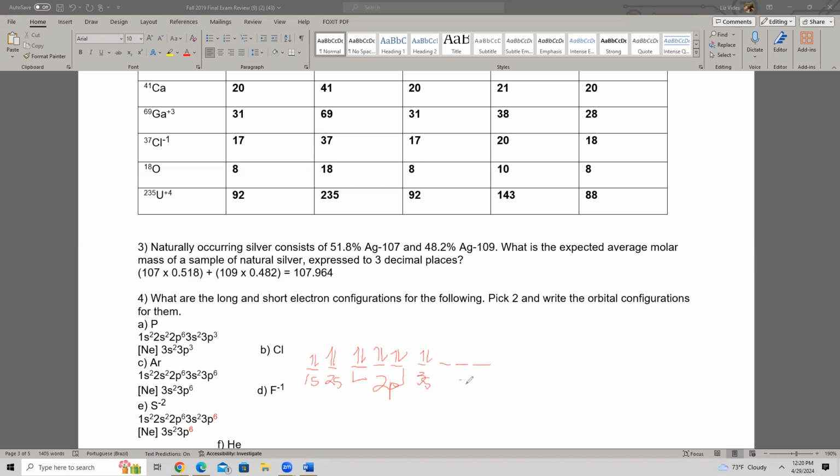And then you have your 3p, which is not full. You actually only have 3 electrons. And the way that we fill them into orbitals is we must put 1 in each one of our orbitals, which are represented by these dashes, first. And that is it. We're done with phosphorus. So this is phosphorus right here. So if you want to write it in, because I'm going to destroy it here in a minute.